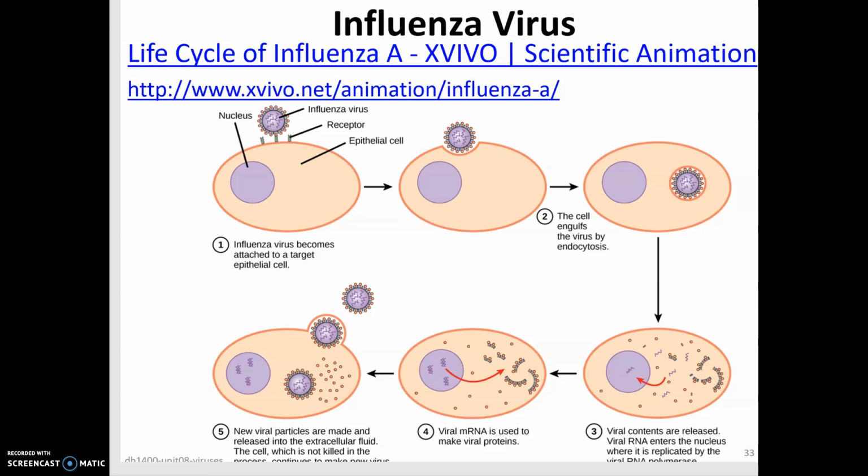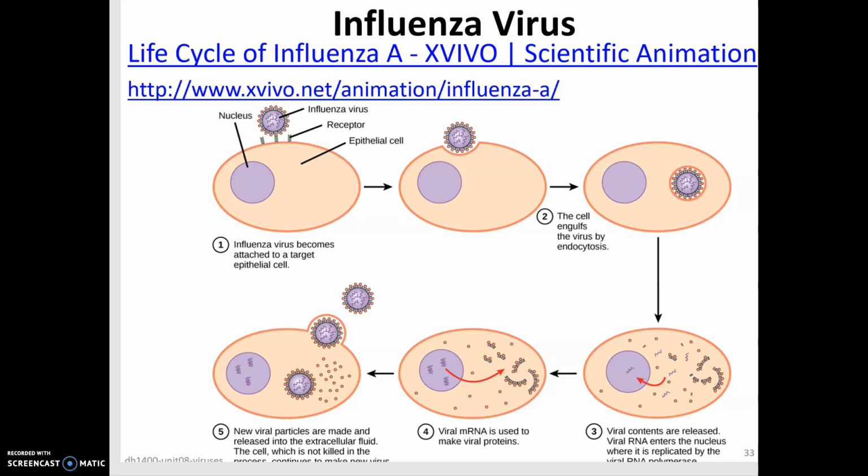So once the virus gets inside the cell, it's going to go through the same steps that we talked about when we were talking about viral replication earlier. The capsid will come off. The genome will enter into the nucleus. We'll have transcription and translation. We'll get formation of new viral particles. Those virions will come together, and then finally the virus will be assembled.